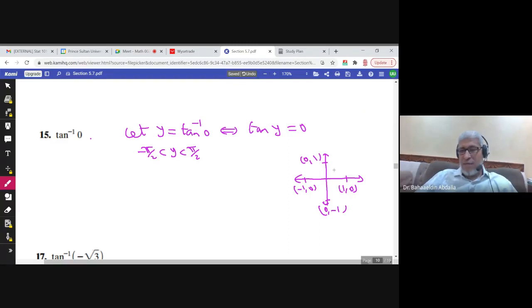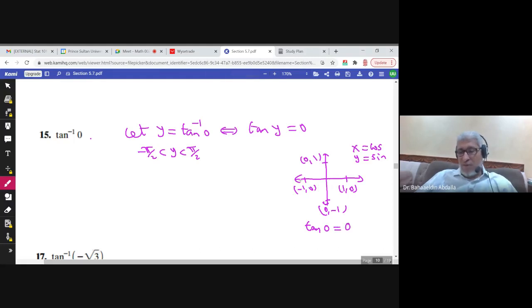And you know that here x is cosine theta and y is sine theta, and tan is sine over cosine, so it's y over x. If you divide 0 over 1, you get 0. So from this figure, we find that tan of the angle 0 is 0.